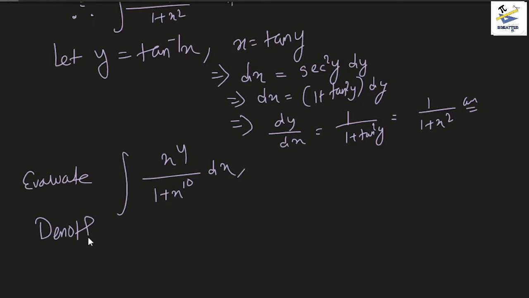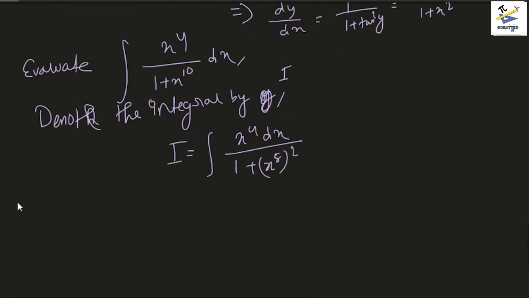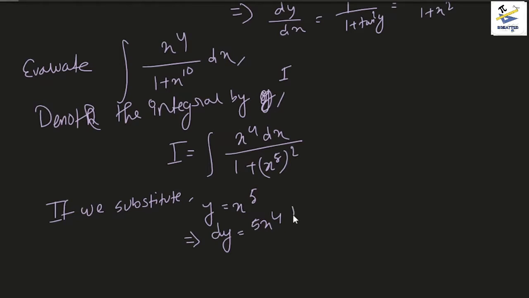denote the integral by I, then what we get is this: capital I is equal to the integral of x to the power 4 dx divided by, and we can write x to the power 10 as x to the power 5 whole squared, because in that case, if we substitute y equals x to the power 5, what we get is dy equals 5 into x to the power 4 dx, right?